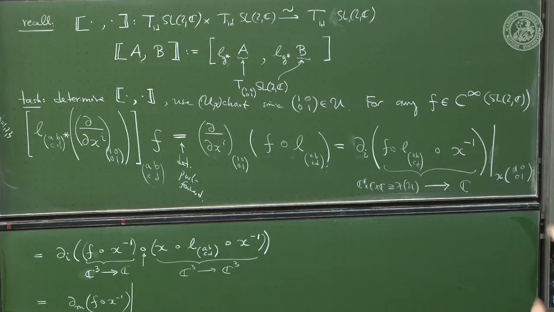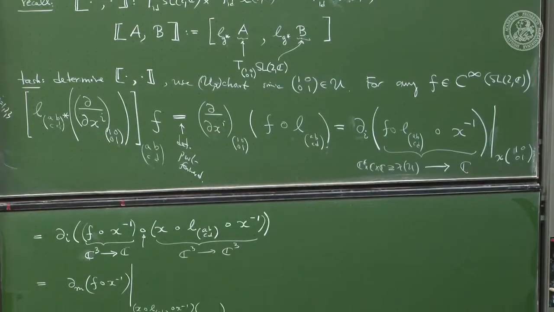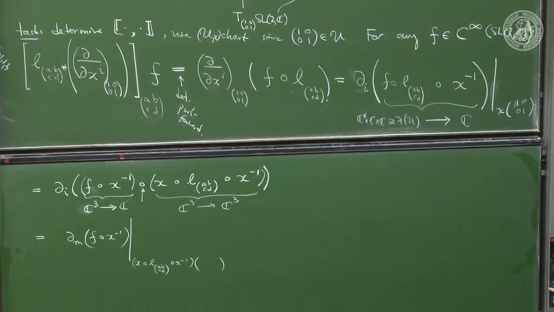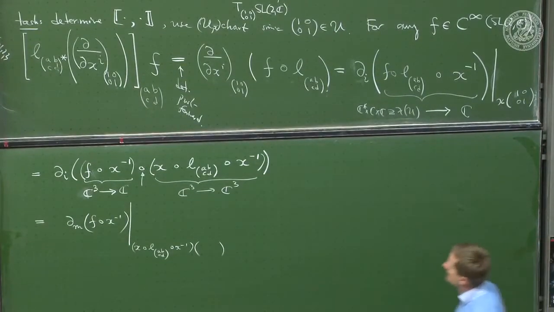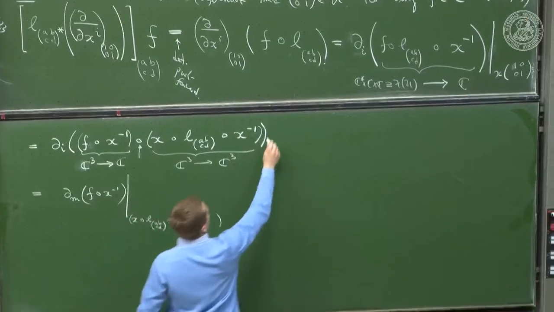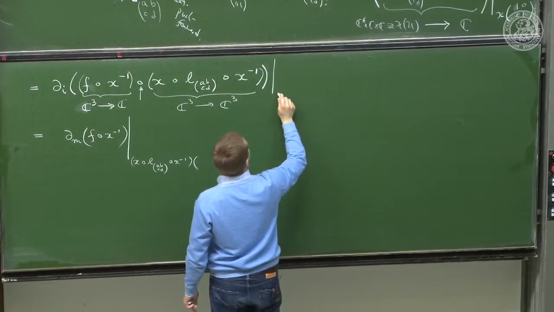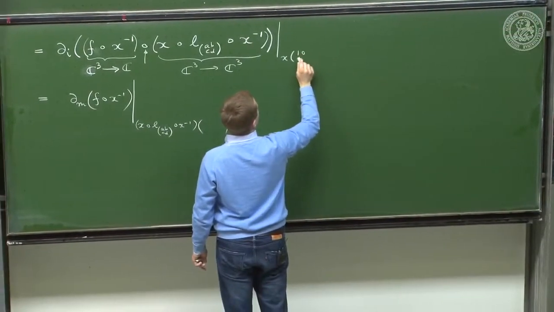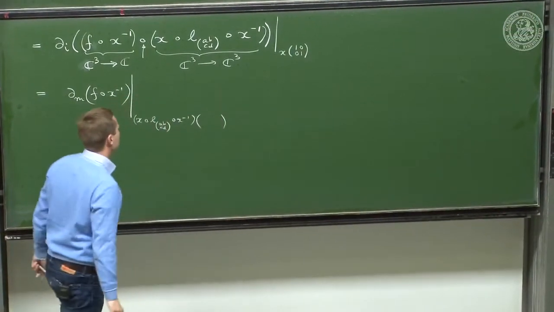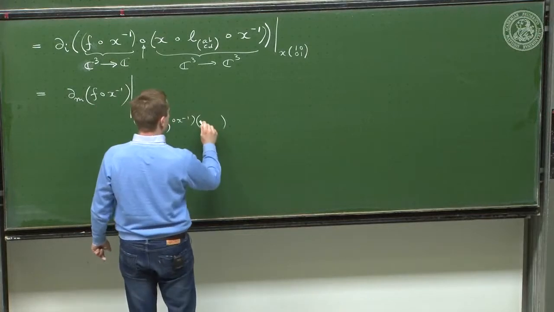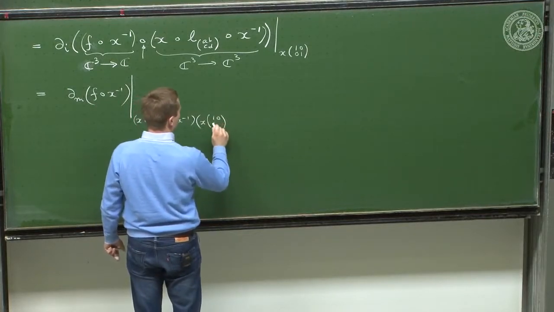Agree? So it's at that point. And so here it must say all of this is evaluated at the point x of 1, 0, 0, 1.